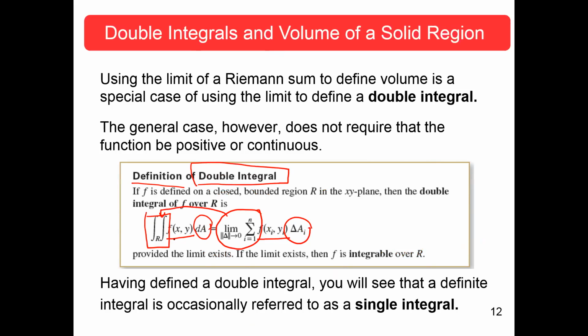Okay. Double integral basically just talks about the value of the solid that is between your surface and the xy plane. So if f is defined on a closed bounded region R in the xy plane, then the double integral of f over R is defined as the double integral sign over R, f of xy, dA, which is the same as the limit of the Riemann sum.